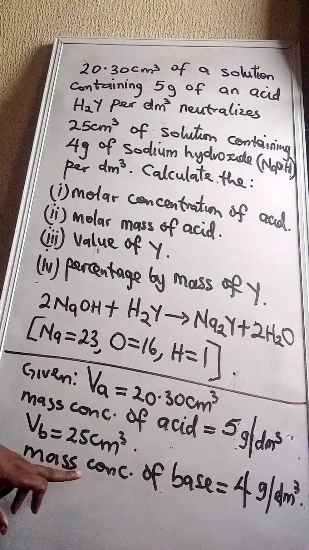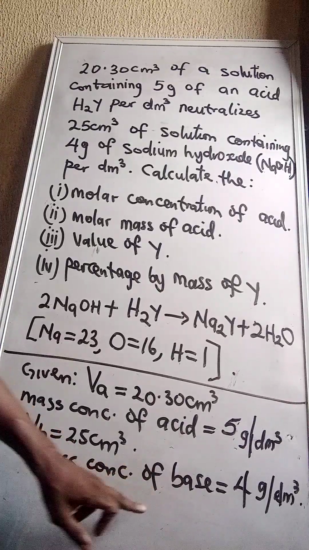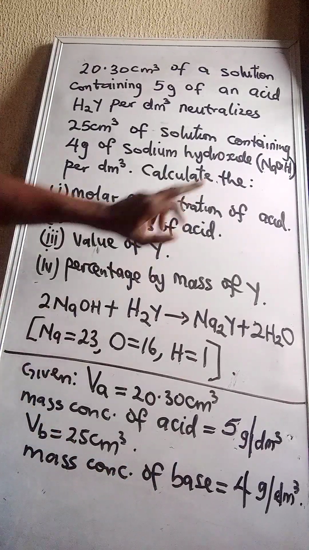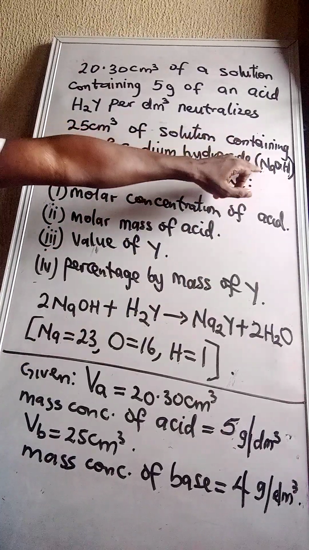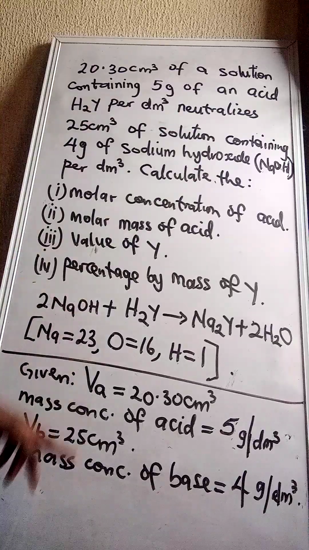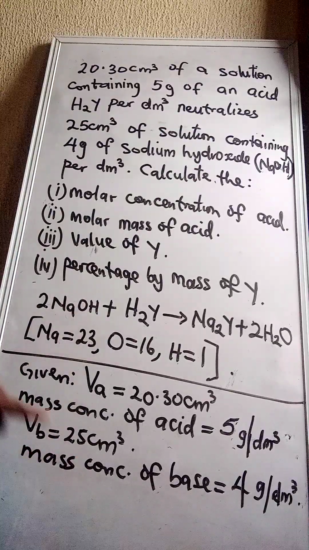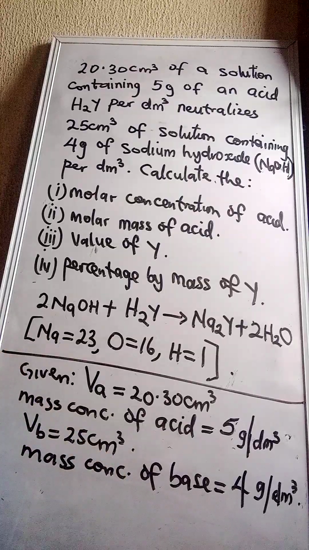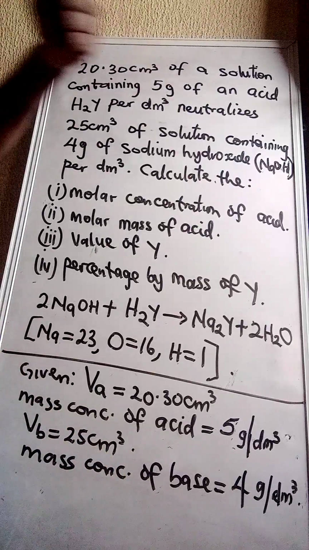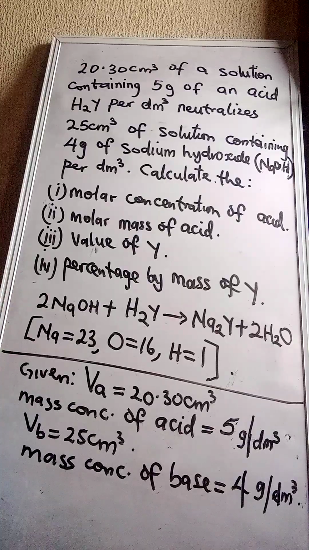Since we have the mass concentration of the base, and we know the name of the base, sodium hydroxide, that means we can find the molar mass of that base. And when we find the molar mass, we can use it in conjunction with the mass concentration of the base to find the molar concentration of the base. Though it's not among what we are asked to find, without having it, we can't find anything here.